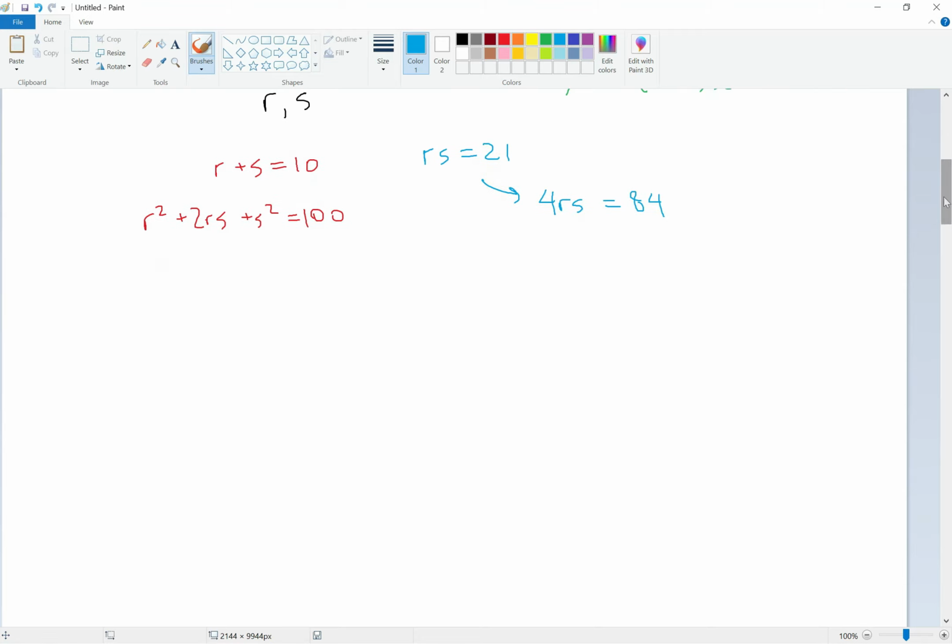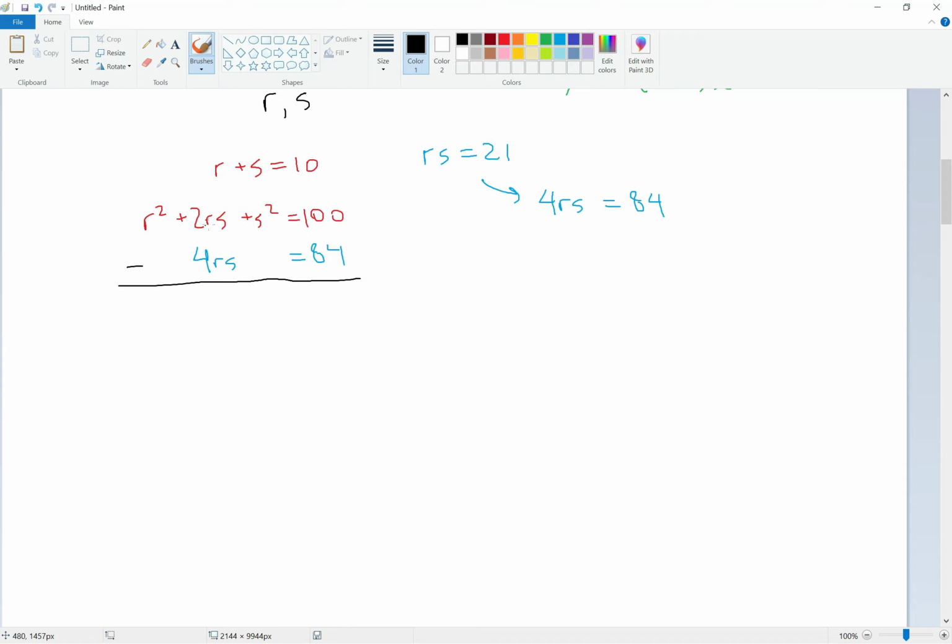So now what we want to do is subtract the blue equation from the red equation. And note that you're allowed to subtract these two equations because you're subtracting the same thing from both sides, since 4rs equals 84.